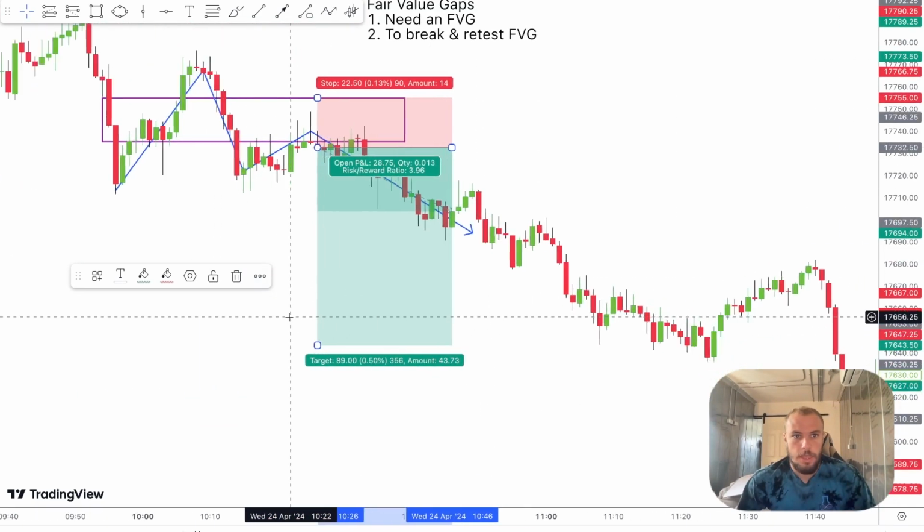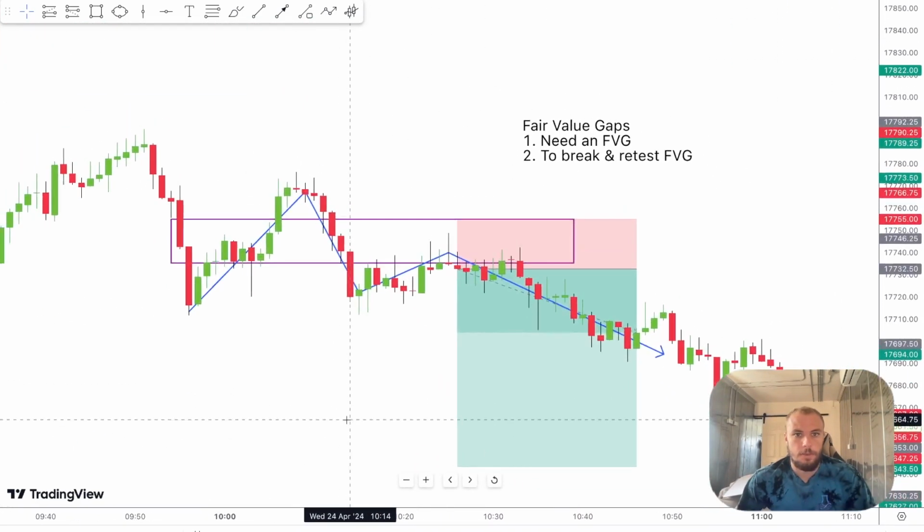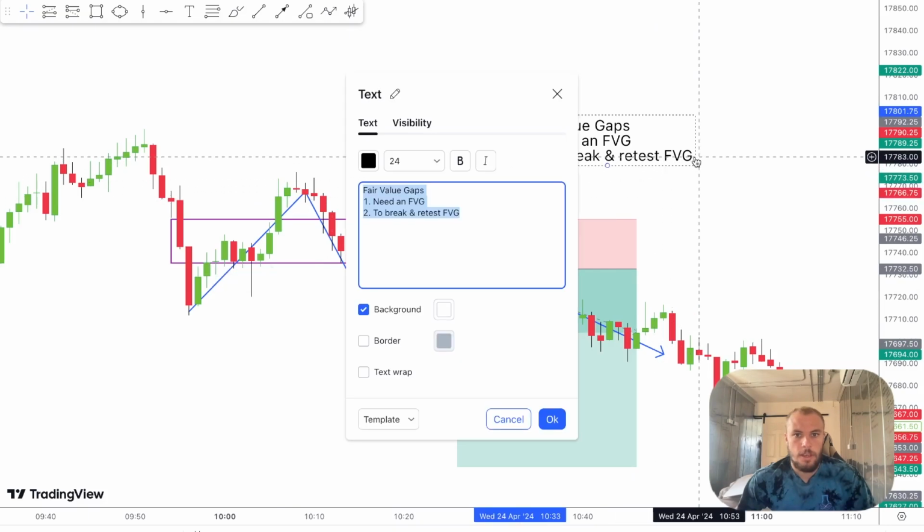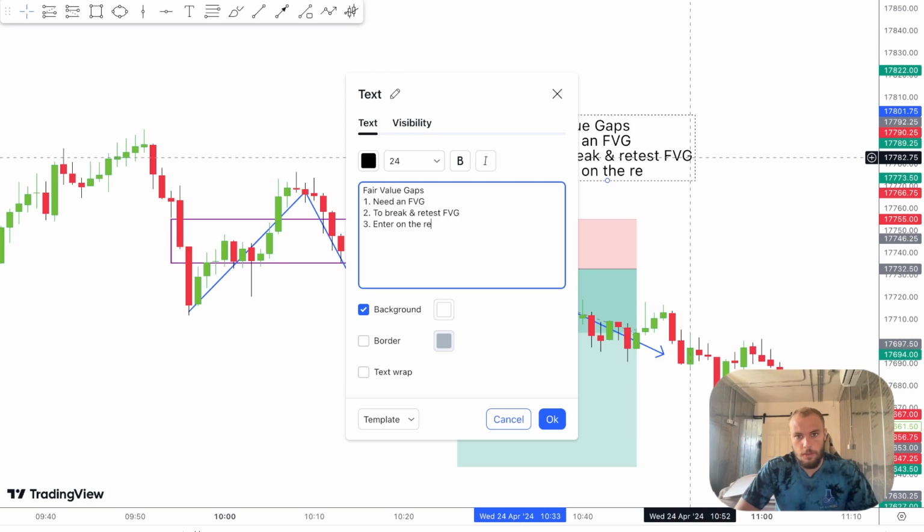Okay, so this right here is the perfect example of an FVG, and to be clear, we would enter on the retest, re-breaking FVG in the same direction as the break before it.